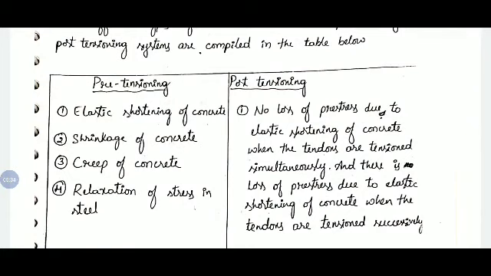If you stretch an elastic for a longer time, the elastic loses its elasticity. The same thing will happen in steel also. If it loses its elasticity, it will lose its strength.